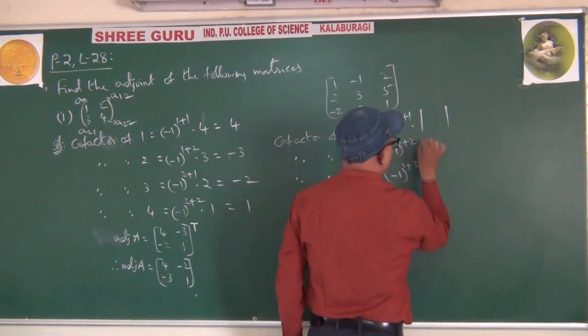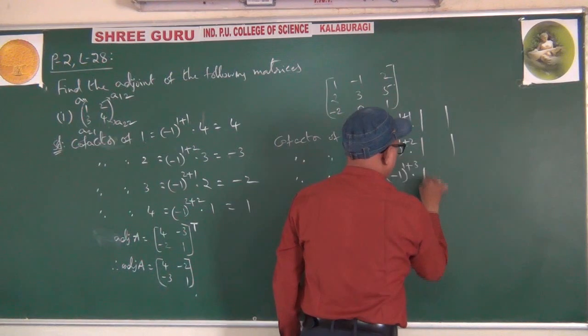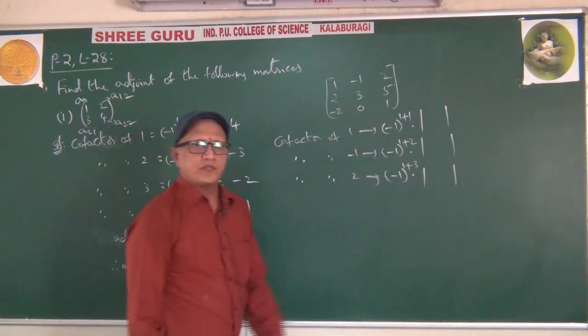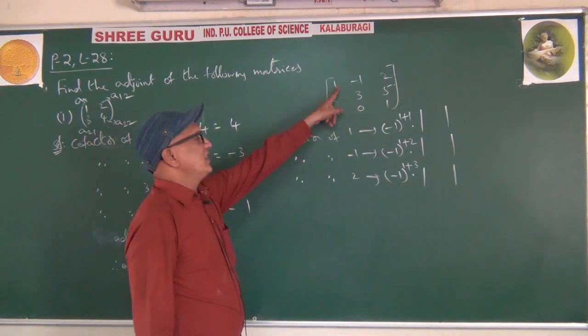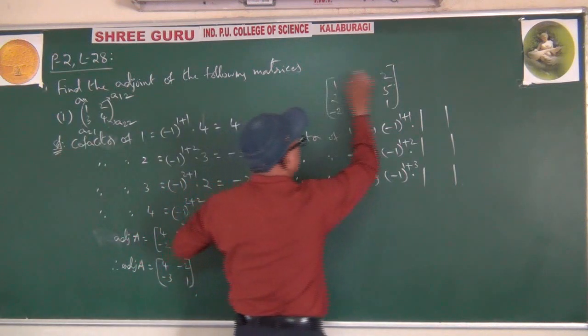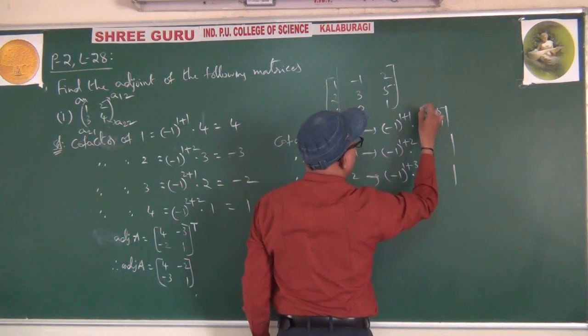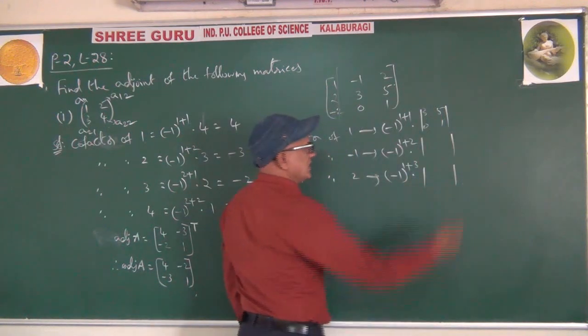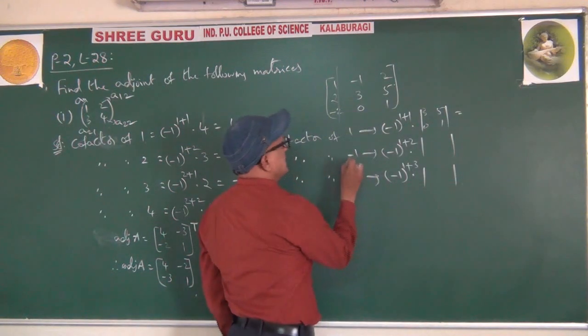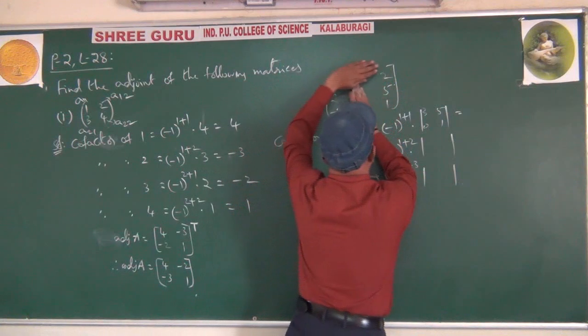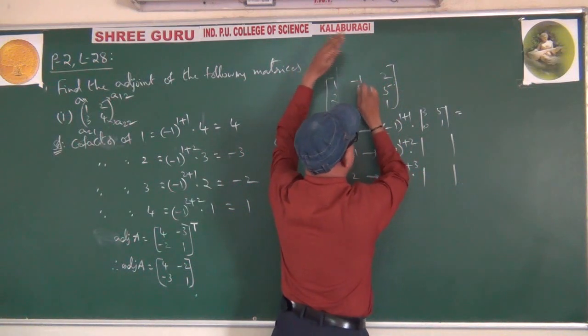Into determinant of. 1, where is 1? Here. Remove first column. Remaining determinant 3, 5, 0, 1. Simplify. Where is minus 1? Here.